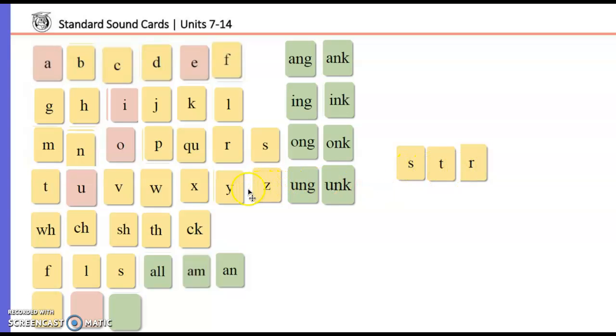Strap. So which vowel sound would that be? A, apple, a. It would be an A. And then P, strap. P. So friends, if you'll look, there is actually a 3-letter blend here. And the A is making the short vowel sound.